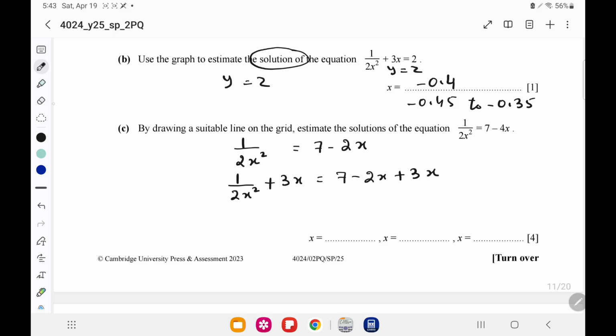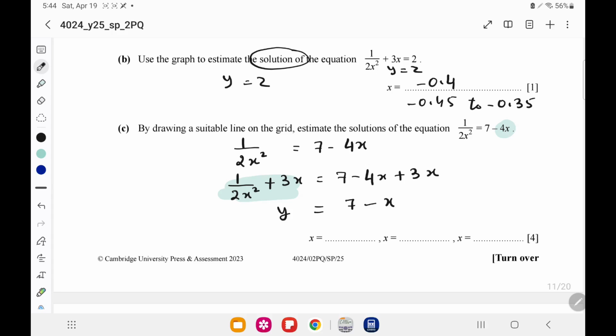So this equation becomes y equals 7 minus x. Wait, it wasn't minus 2x, it's minus 4x. I copied it down wrong. Minus 4x, then 7 minus x.